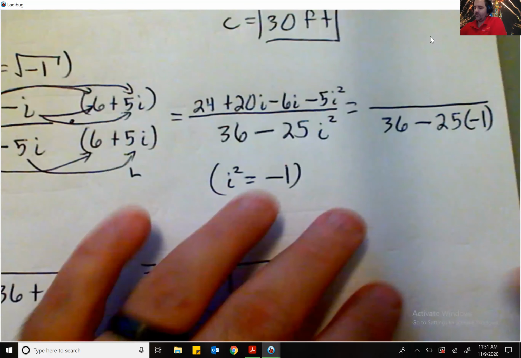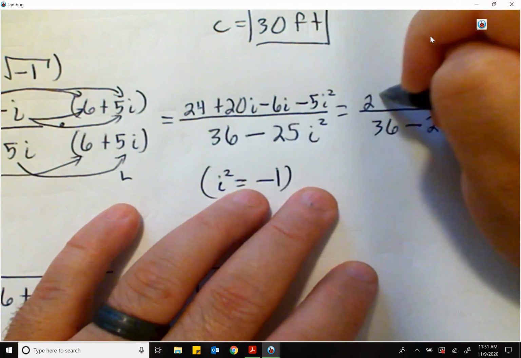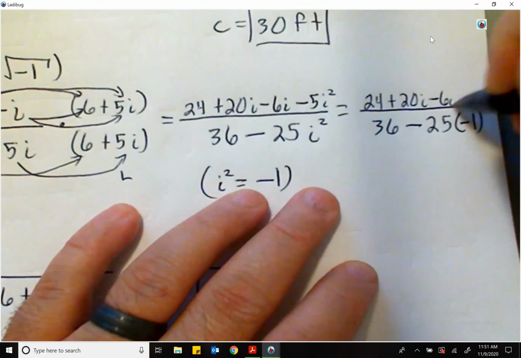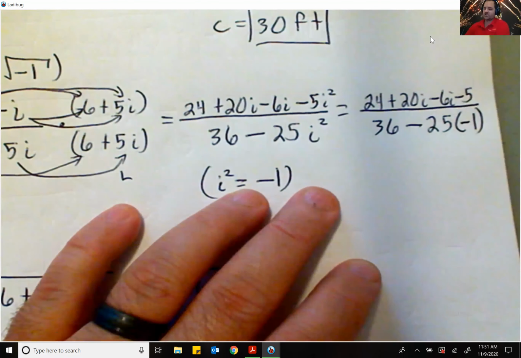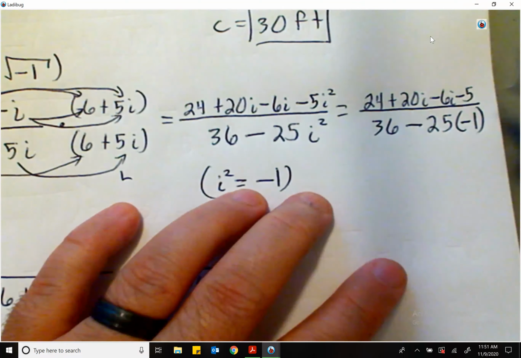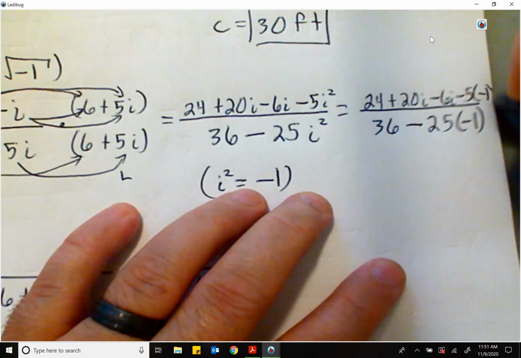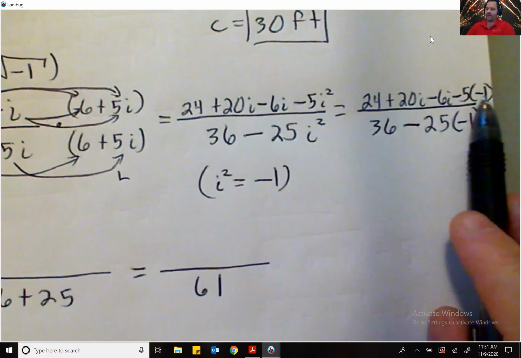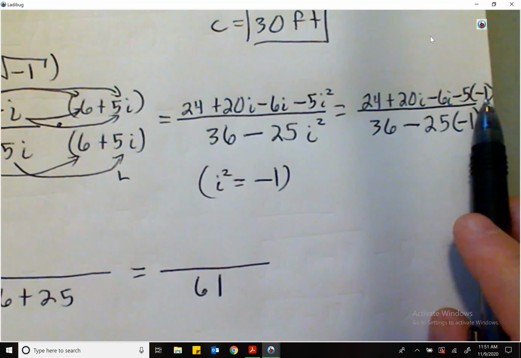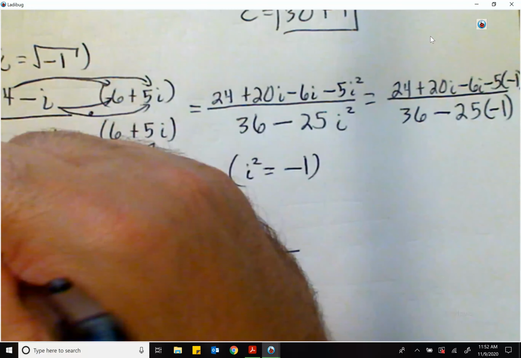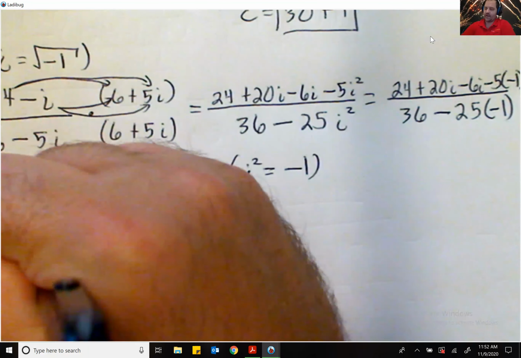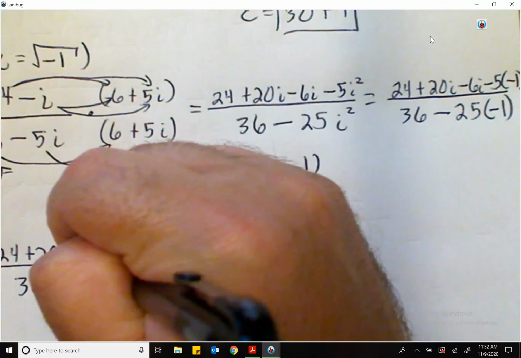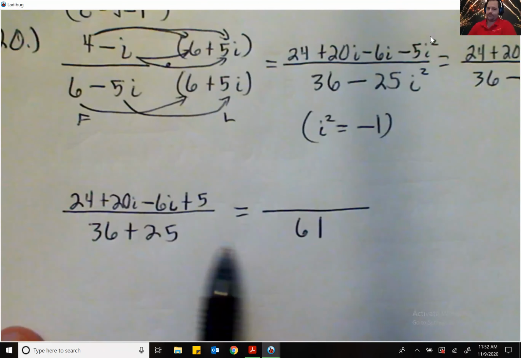And then yes, just like what you said, that i squared there is really a -1. And what happens with a -5 times a -1? Positive 5. So what we have is 24 plus 20i minus 6i plus 5.